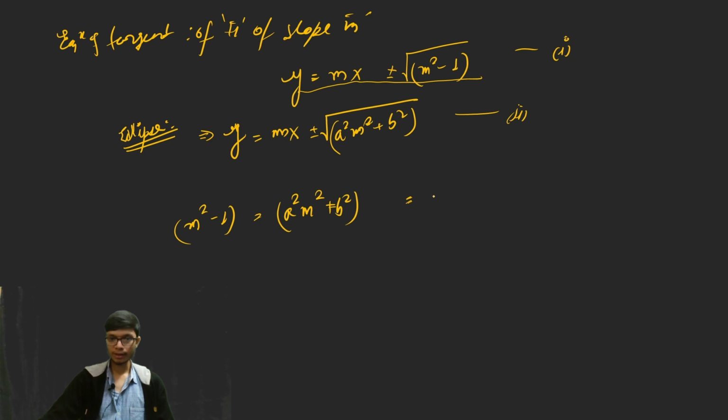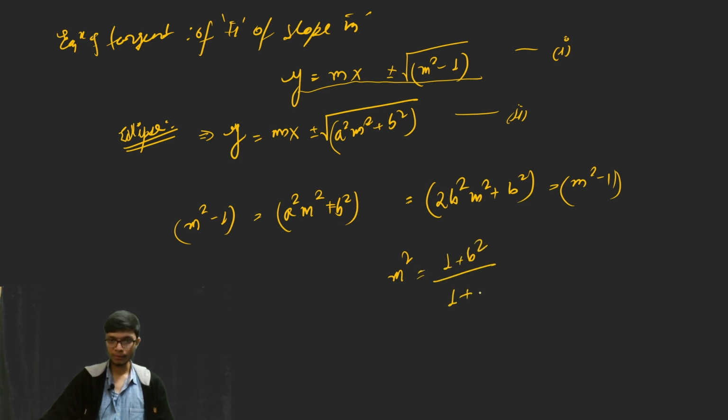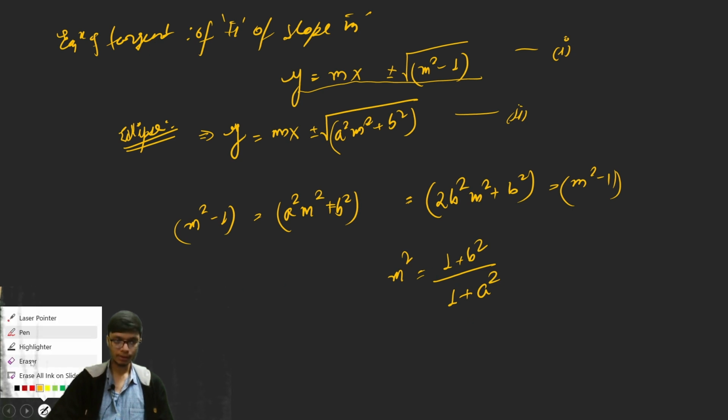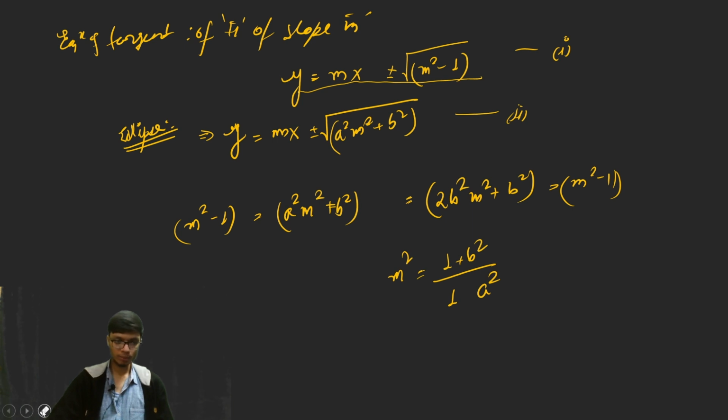So I can write 2b²m² + b² = m² - 1. I can take m² on one side and 1 on the other side, and the value of m² will be (1 + b²)/(1 - a²), and that is the value of m².